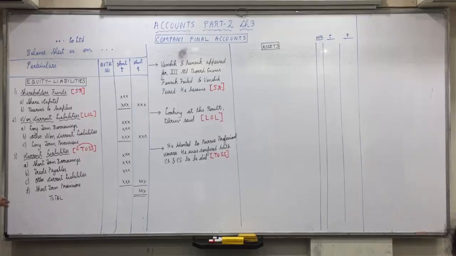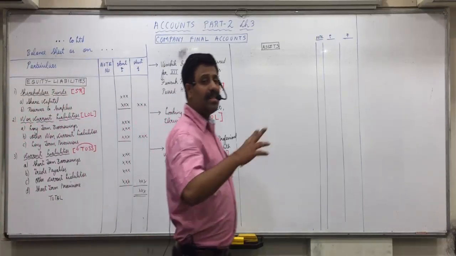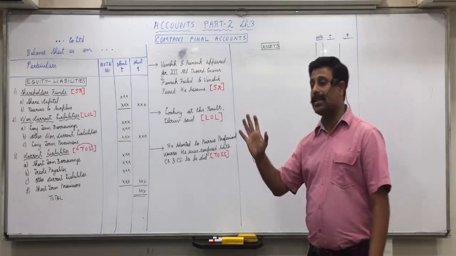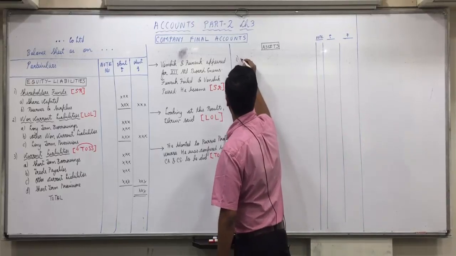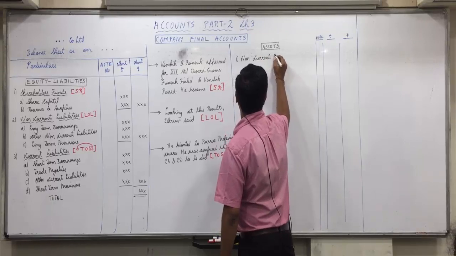Anyone still writing up till the total of liabilities? Raise your hand. Everyone has completed? So now give the heading as assets. Now assets have only two broad categories: non-current assets and current assets. So write down first non-current assets.